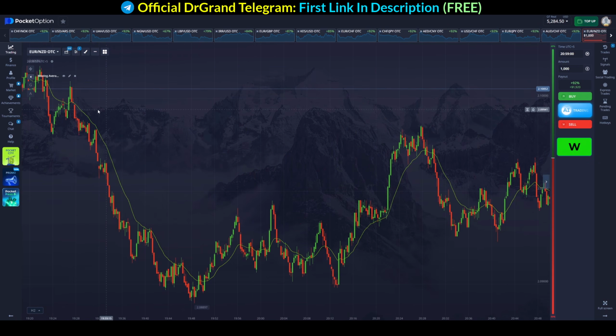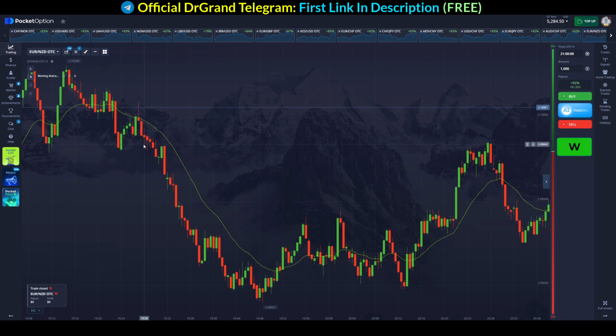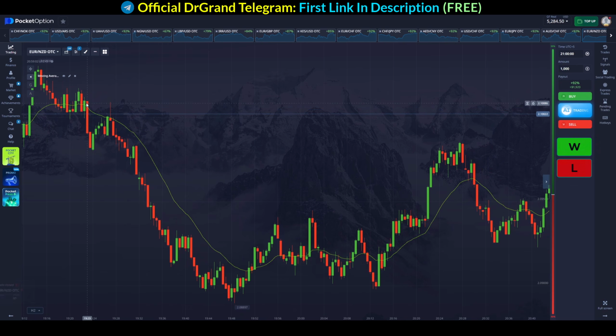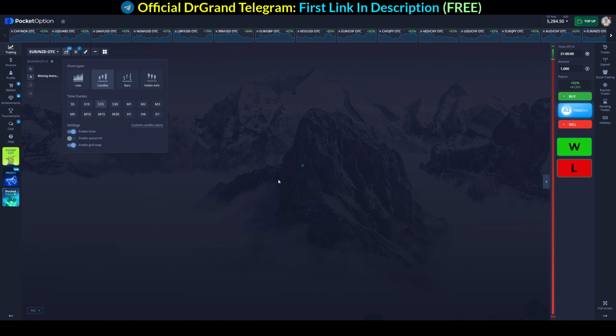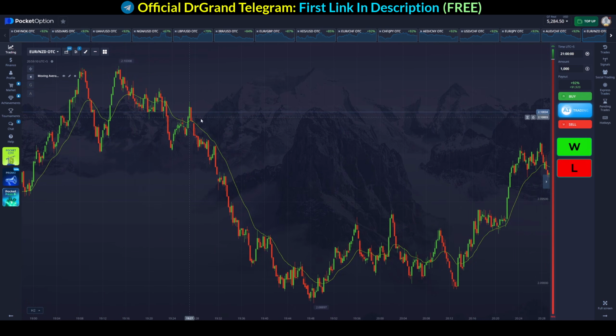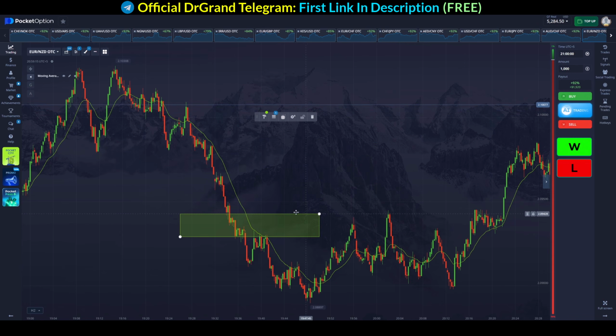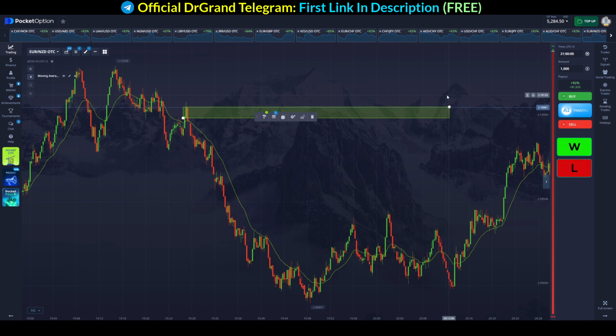The reason why I entered is this beautiful supply. I guess it's, yeah, it was a losing trade. Okay, this was the reason for my entry inside that supply. I thought the market could reject, and I entered this little supply.